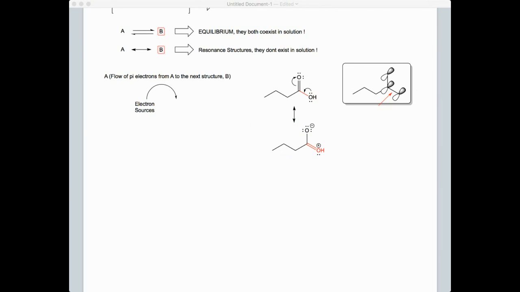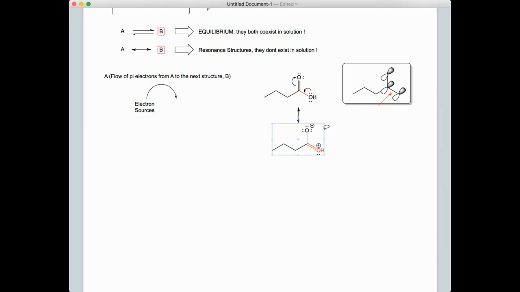So why bother with resonance if it creates formal charges in an alternative structure when there is no formal charge in the first structure? David, resonance does not exist. Okay, so these formal charges are only indicating the electronic distribution of the molecule.